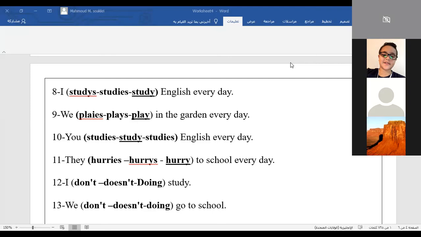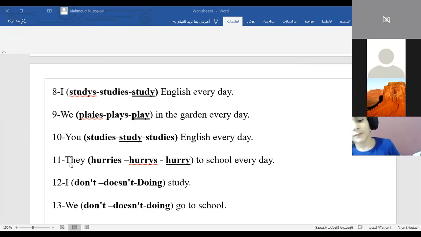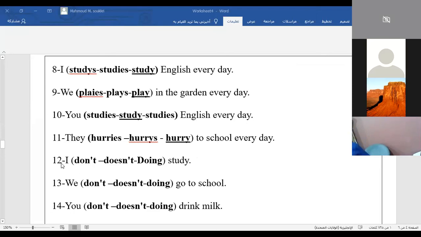Iyad Tahir, number 12. I don't study, I doesn't study, or I doing study?